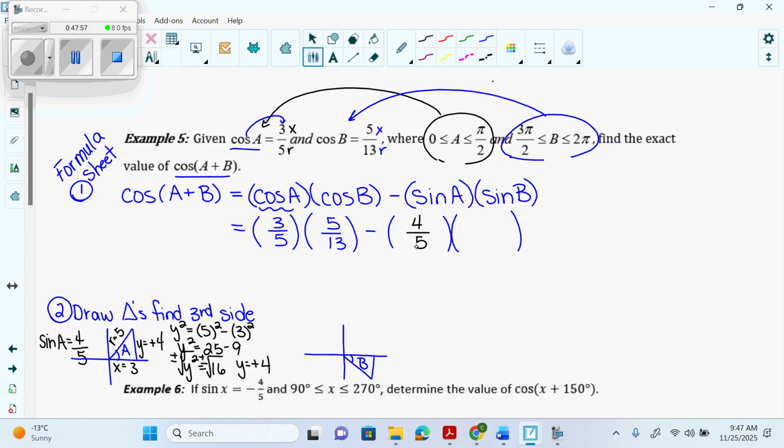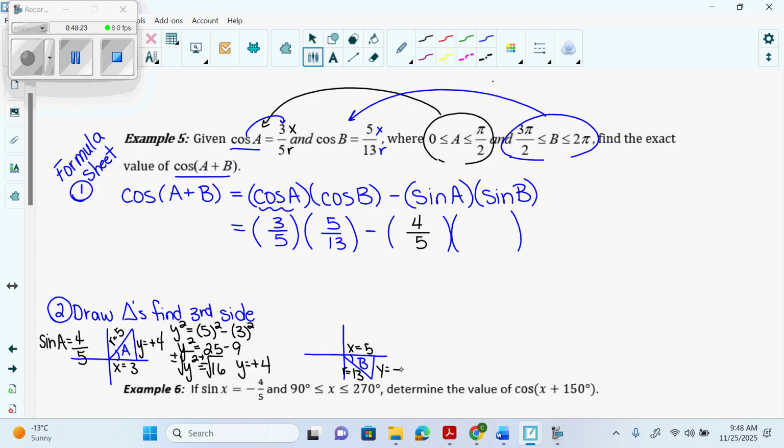Okay, what about B? So B is cook extra rice. So my X is 5. My R is 13. And because I drew the triangle, I know my Y is negative something. If I don't draw the triangle, I'm going to put positive something. Do you think the answer to that will be there? It will. It'll be a sad day. You'll have done all the work for no reason.